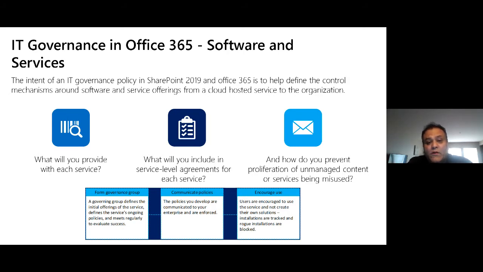It will also include service level agreements for each service. Obviously, you are moving to a cloud shared platform. You are going to be bound by the SLAs defined by Microsoft. But within those SLAs, you will have to satisfy your business requirements to ensure business continuity and also to ensure data consistency.